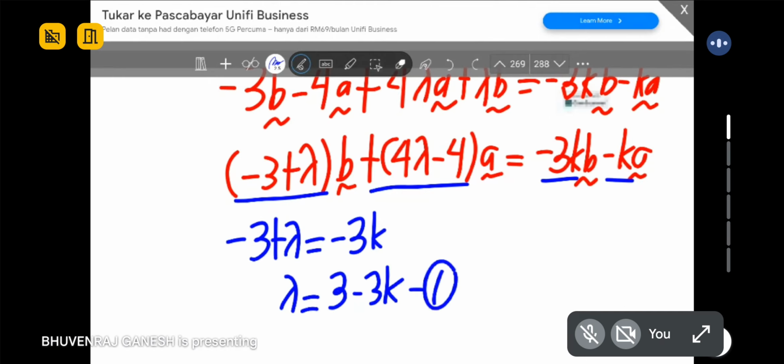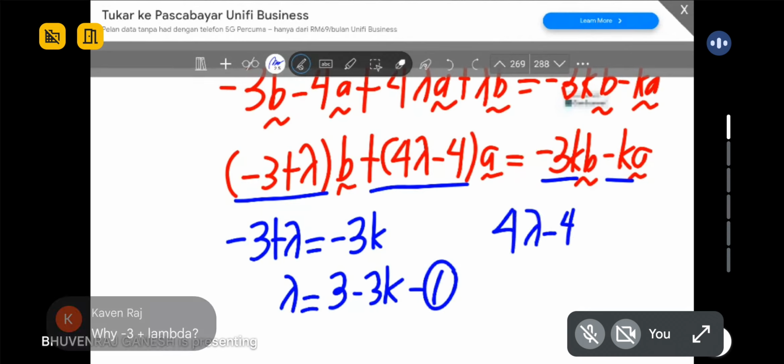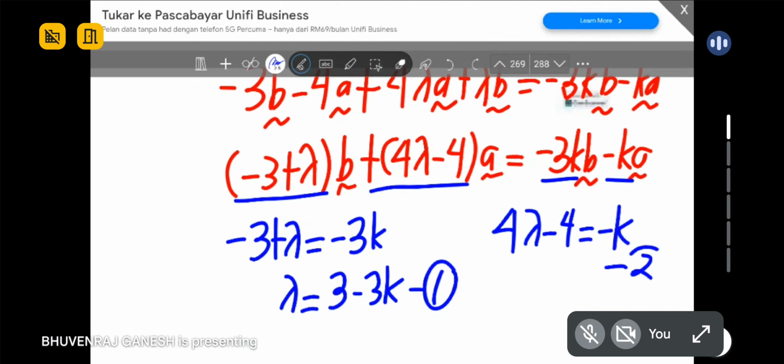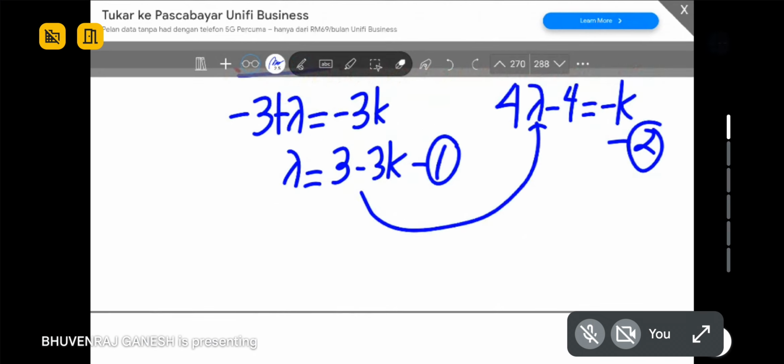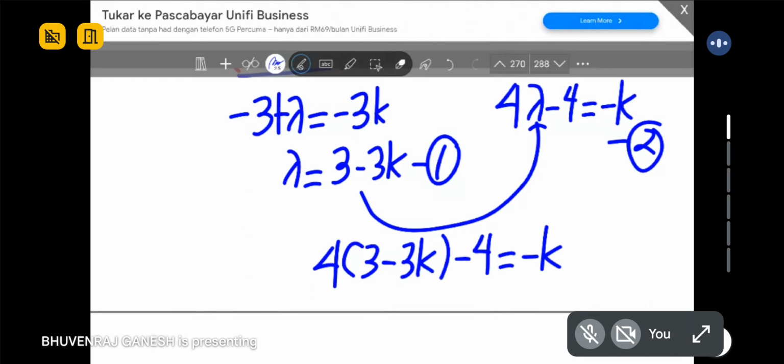This is the first equation. And then 4 lambda minus 4 equals negative K. This is the second equation. Substitute inside, so you have 4(3 minus 3K) minus 4 equals negative K.